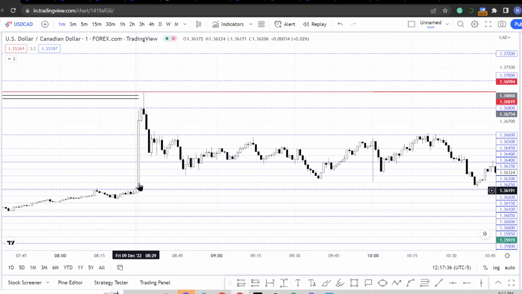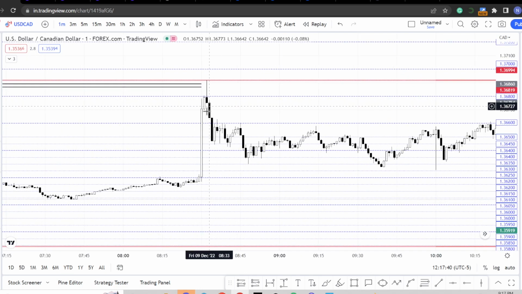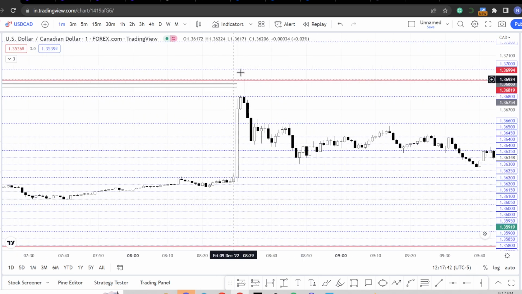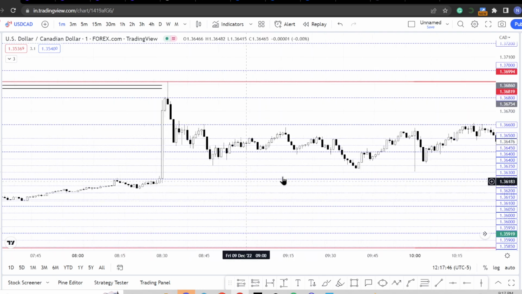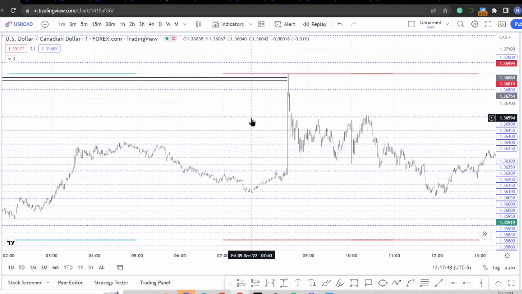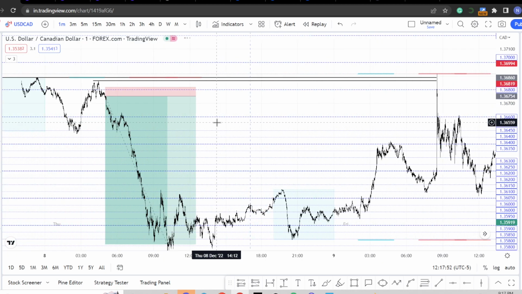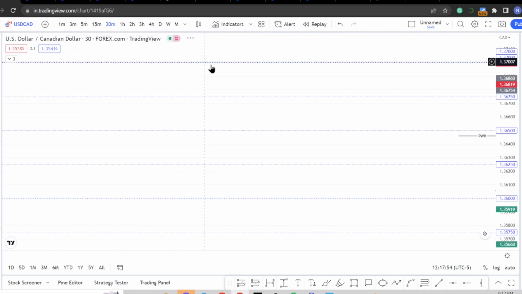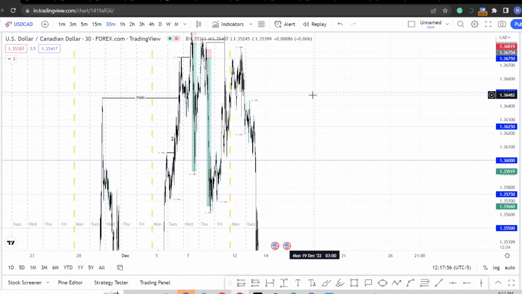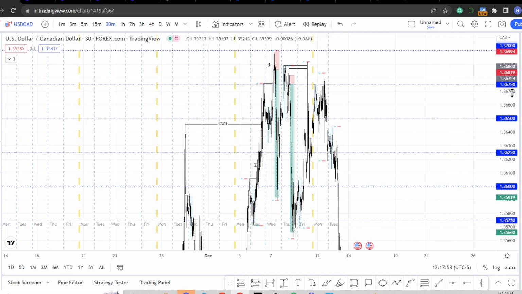We have 1 2 3 4, inverted bearish hammer, and that is it. So that was it for USD CAD. 3 pushes to the high of the week, breaking the previous week high.